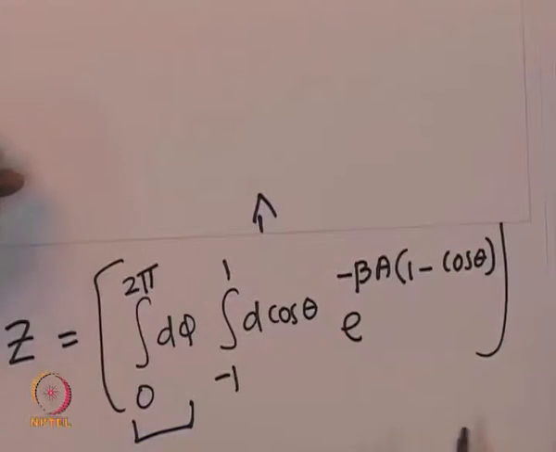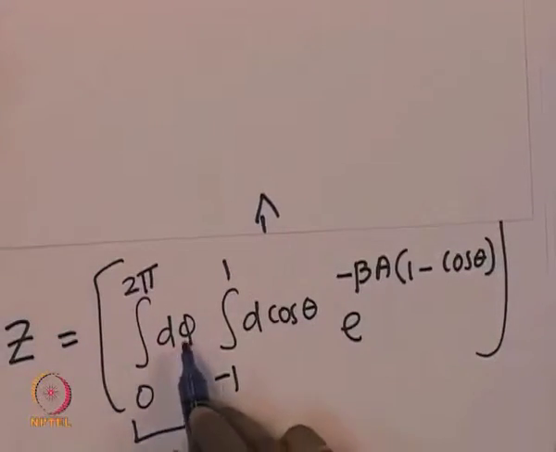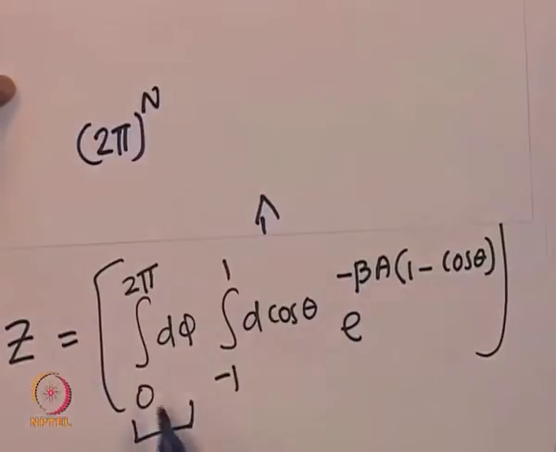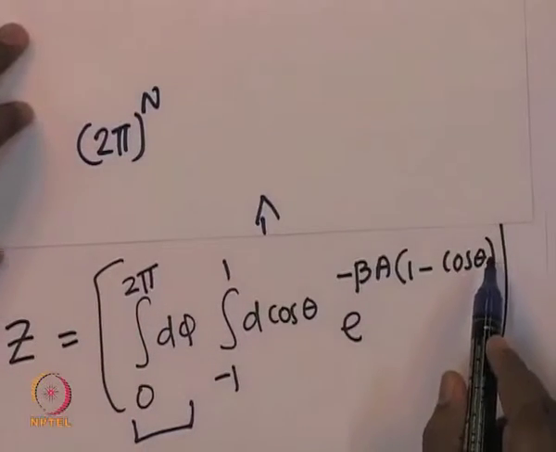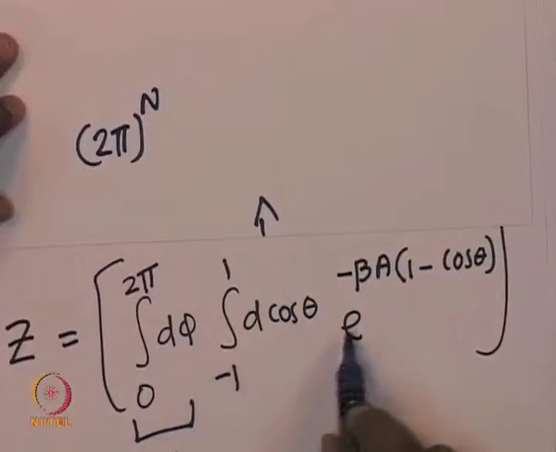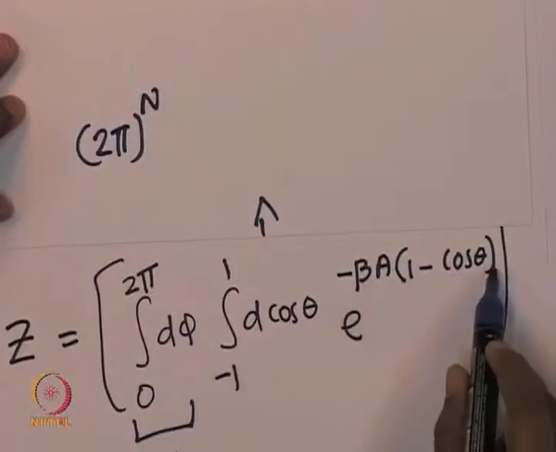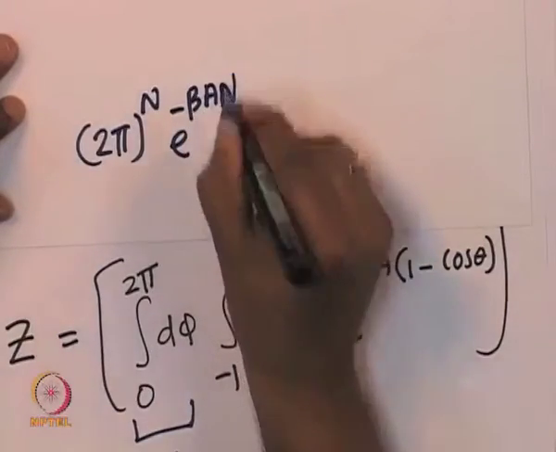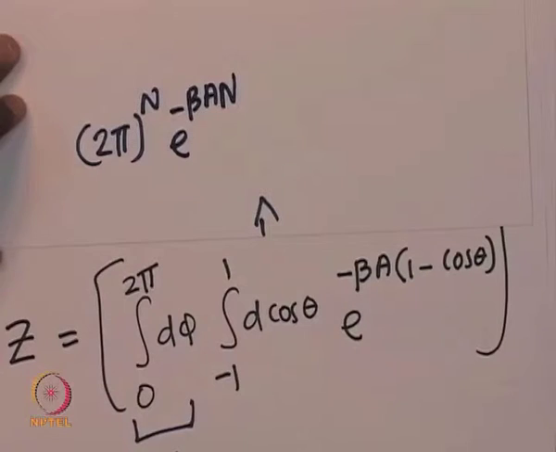If we rewrite this, it is basically 2 pi, so there will be 2 pi power n. There is also e power minus beta a, n times.